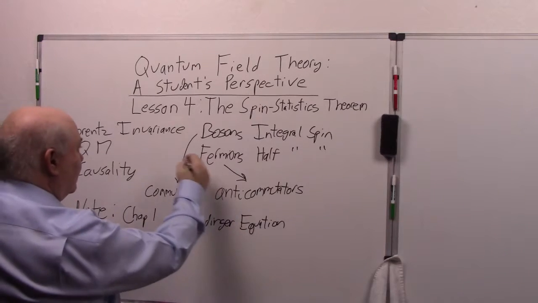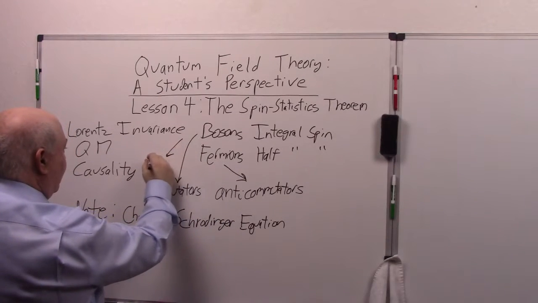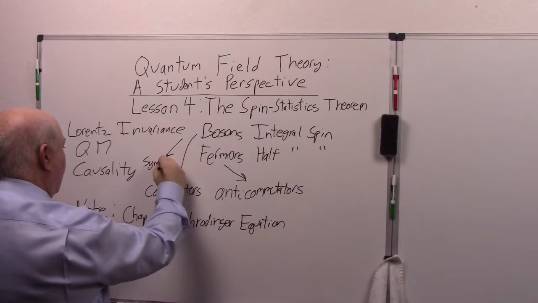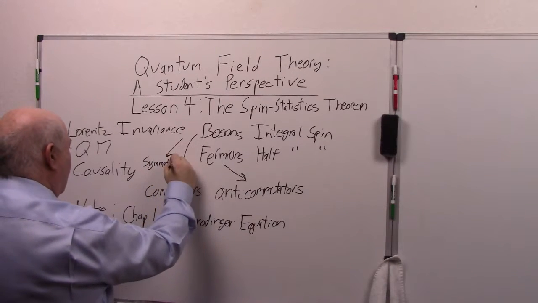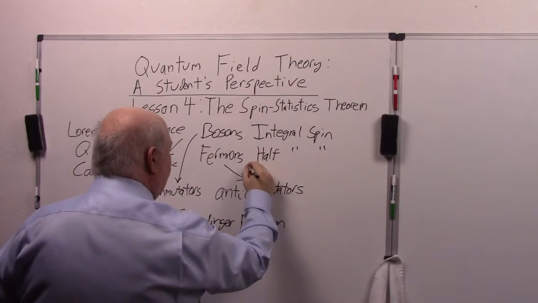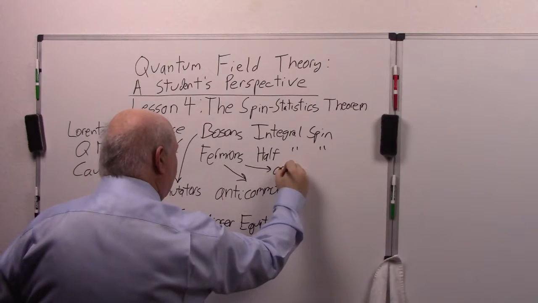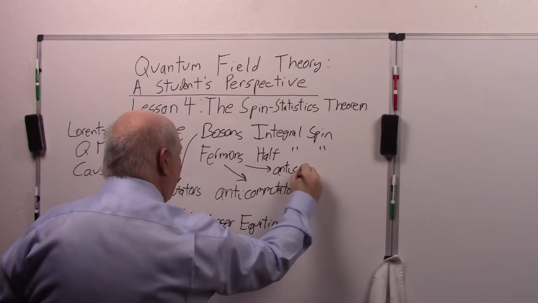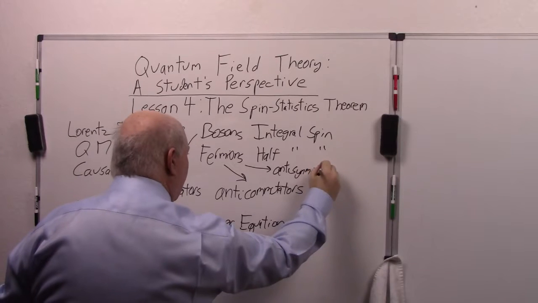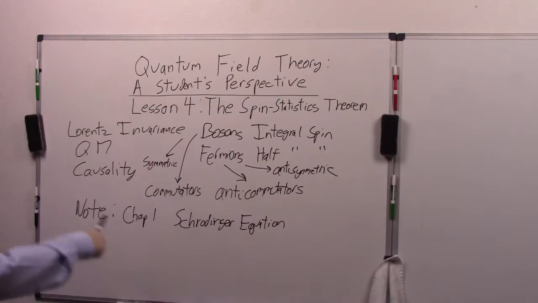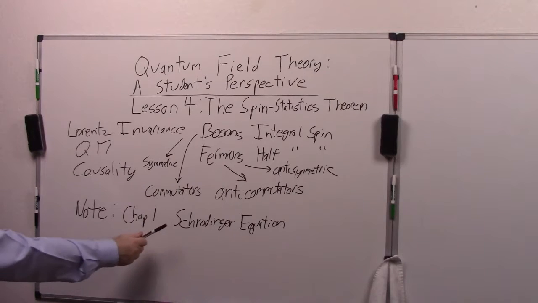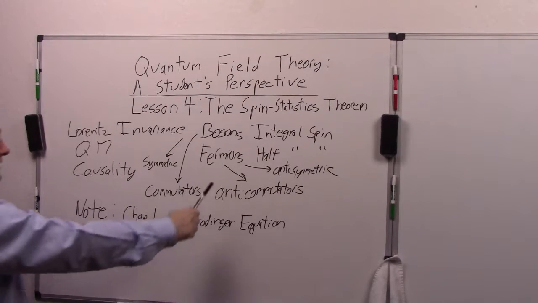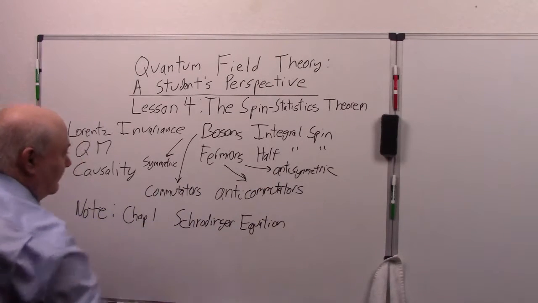I left out here that bosons are symmetric. And of course, fermions are anti-symmetric. This is probably the most complicated board ever for some very simple concepts. So what's important is that for the Schrodinger equation, we can have either symmetric particles or anti-symmetric particles.